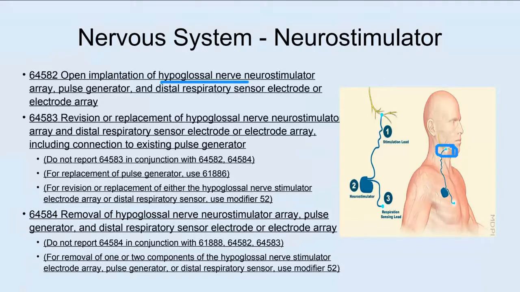Open implantation of hypoglossal nerve is a new code, 64582. 64583 is revision or replacement of that neurostimulator. 64584 is removal of the stimulator. So we have peripheral, hypoglossal, and cranial.